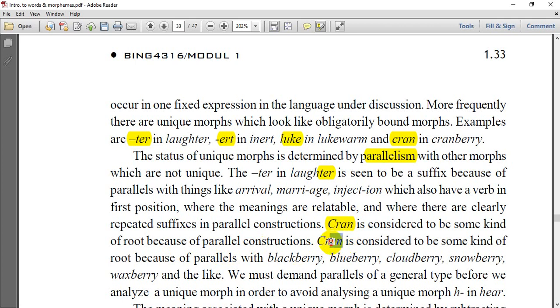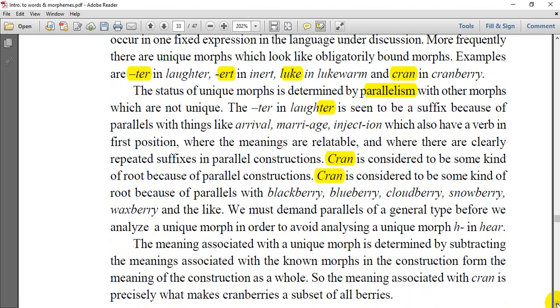Cran is also considered to be some kind of root because of parallels with blackberry, blueberry, cloudberry, snowberry, and waxberry. So we must demand parallels of a general type before we analyze a unique morph, in order to avoid analyzing a unique morph wrongly.